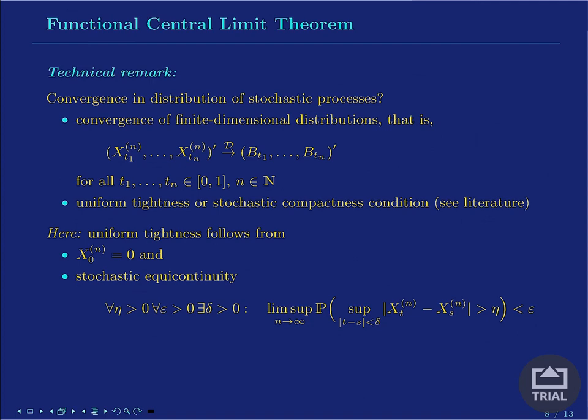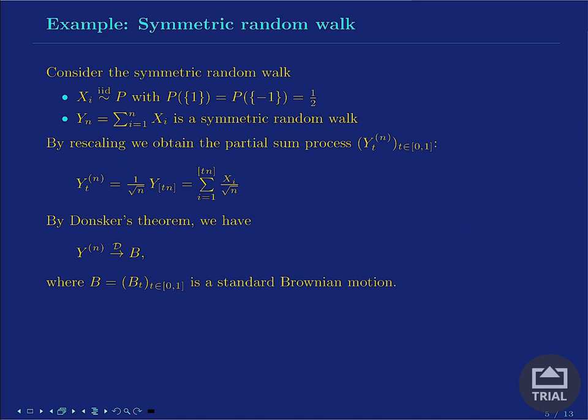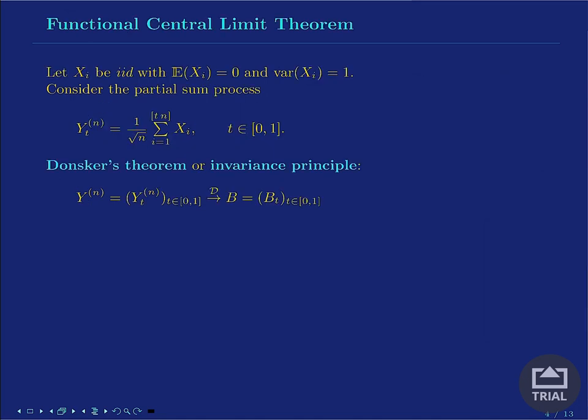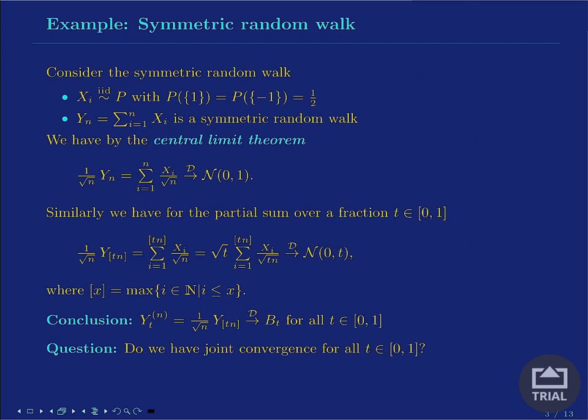As a technical remark, it seems from what I said, how I introduced Donsker's theorem, that convergence of the finite dimensional distributions that we have here by the ordinary central limit theorem is completely enough to have also this functional convergence.